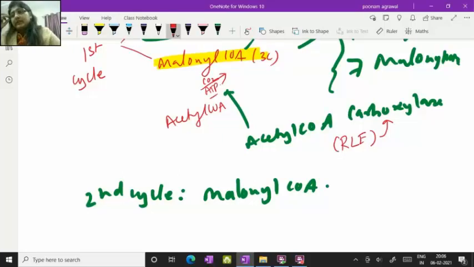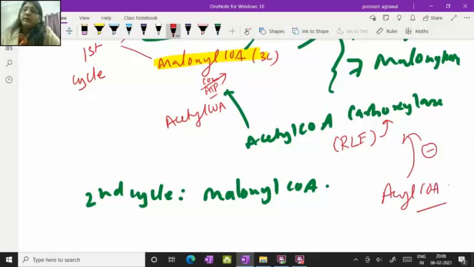So fatty acid synthesis will take place only when it is required by the system; when we already have the acyl chain, that will act as an inhibitor of this enzyme. This is something very important. In addition to this control, you have various other controls for this particular enzyme.